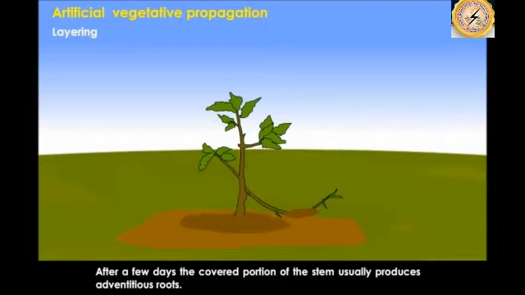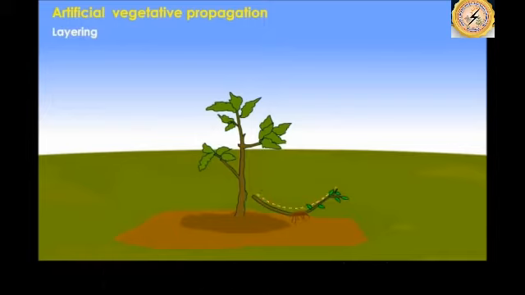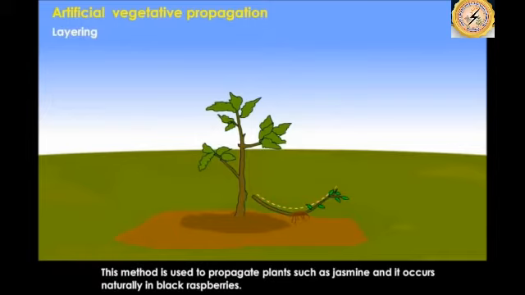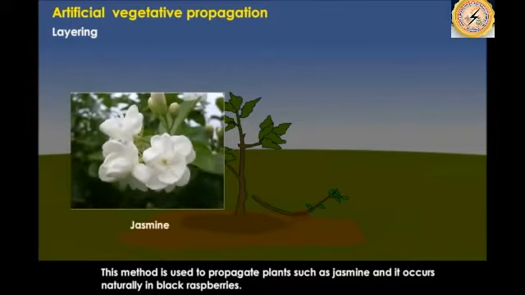And after a few days, the covered portion of the stem usually produces adventitious roots. And the rooted branch is then cut and grown as an independent plant. This method is used to propagate plants such as jasmine, as it occurs naturally in the case of black raspberries.